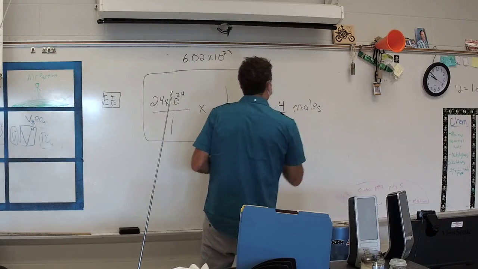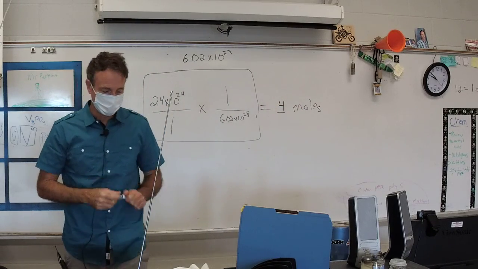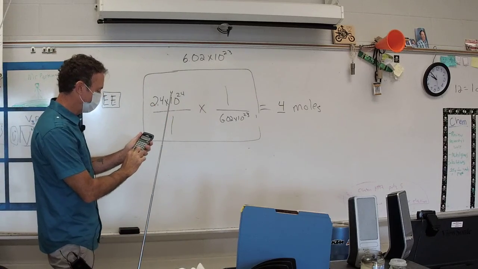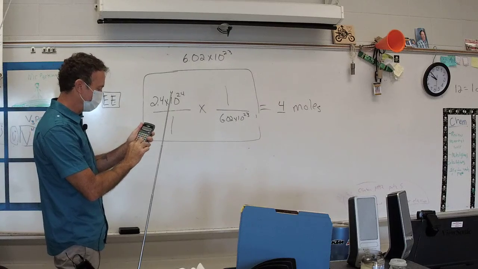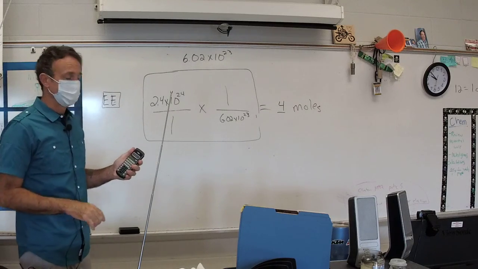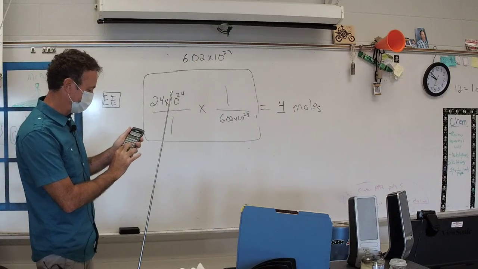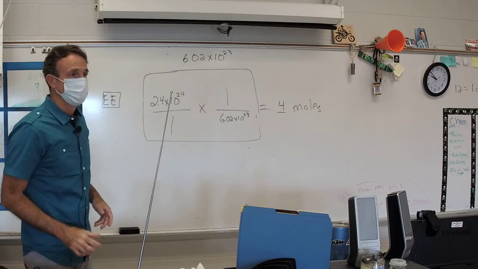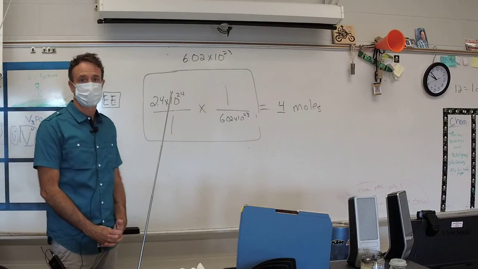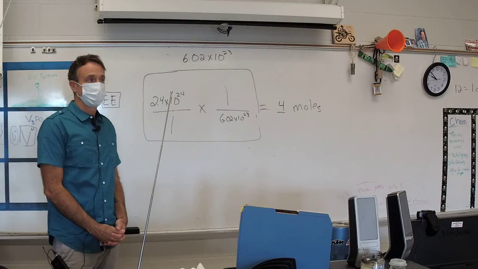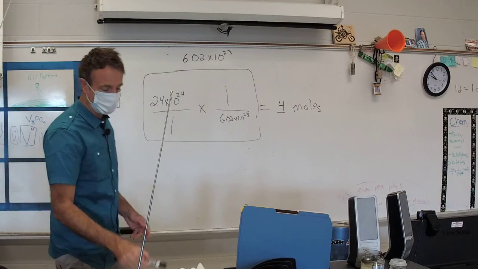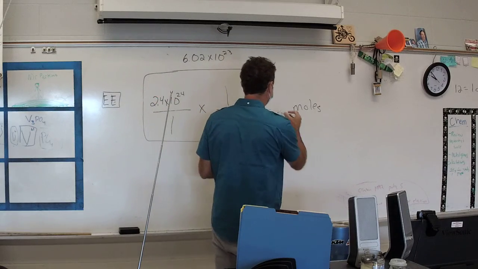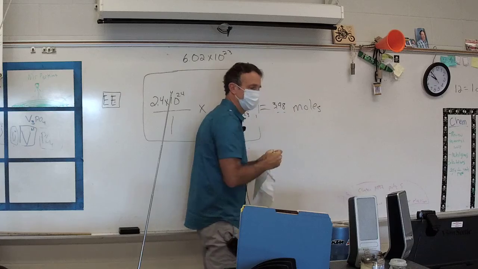You would have right at 4 moles. We can try this on your calculator. Ready? 2.4 EE24 divided by 6.02 EE23. And that gives you 3.98. I did that in my head. I should have guessed at least 3.99, 3.98 moles.